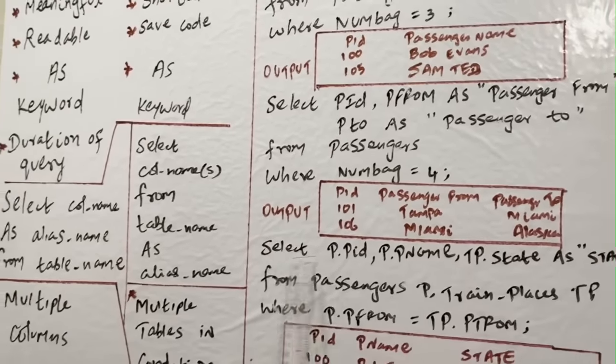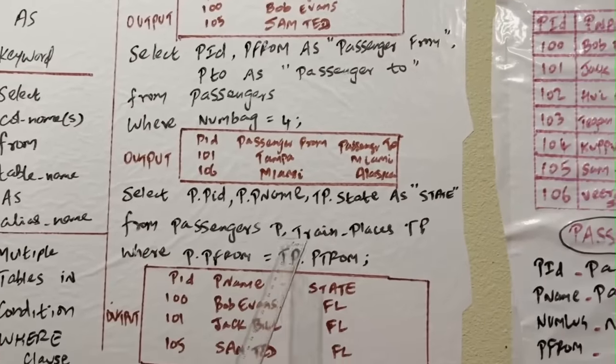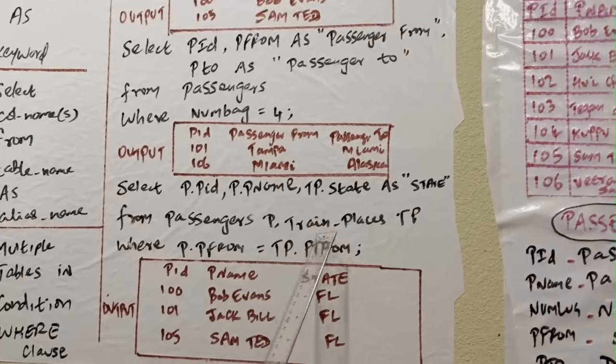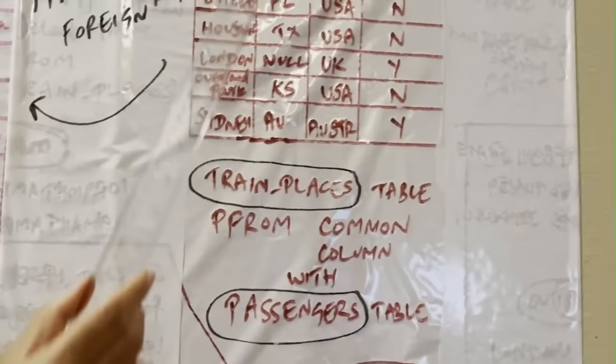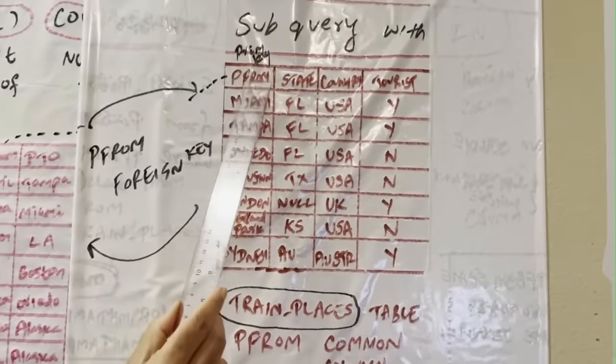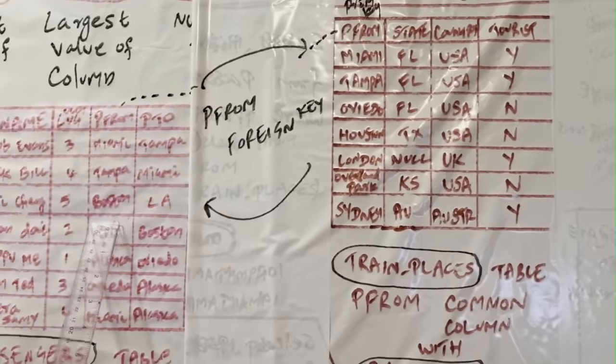Third example, we are using table aliases with the AS keyword. Example: select some columns from passengers, P is the alias, and the train places table. We refer to the other table here. This table will have the primary key as the P from. The P from refers to here; in this table, it's the foreign key.